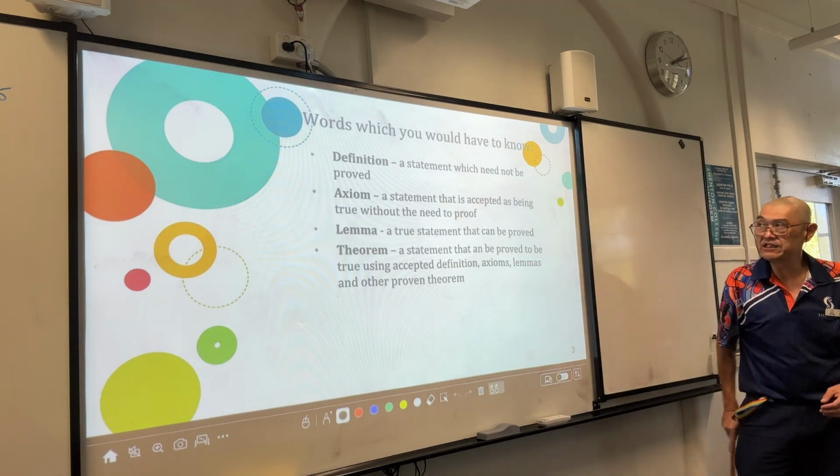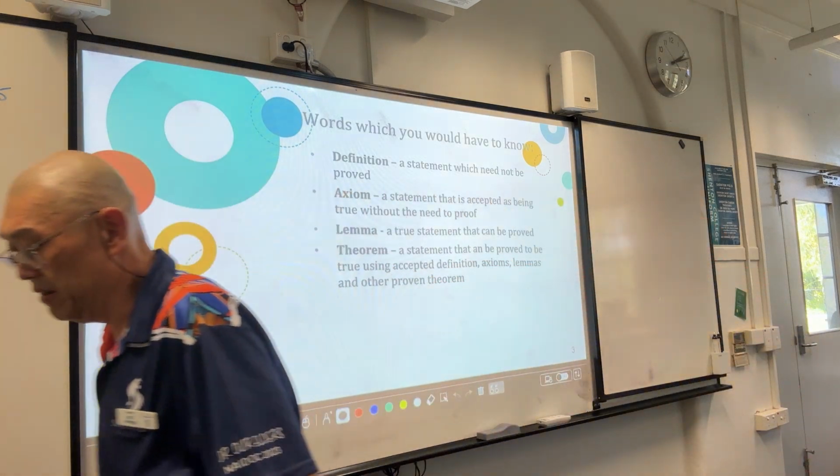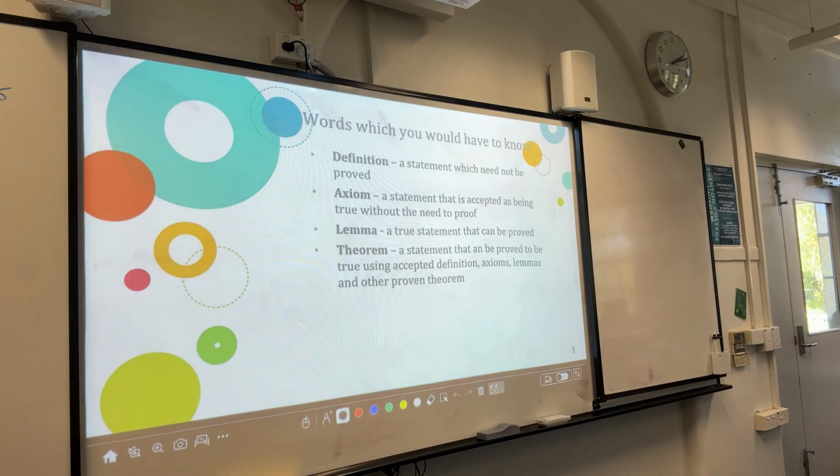A definition is a statement which need not be proved. We define certain things, we don't have to prove that. An axiom is a statement that's accepted as being true without the need to prove. A lemma is a true statement that can be proved. And a theorem is a statement that can be proved to be true using acceptable definitions, axioms, lemmas, and other proven theorems.